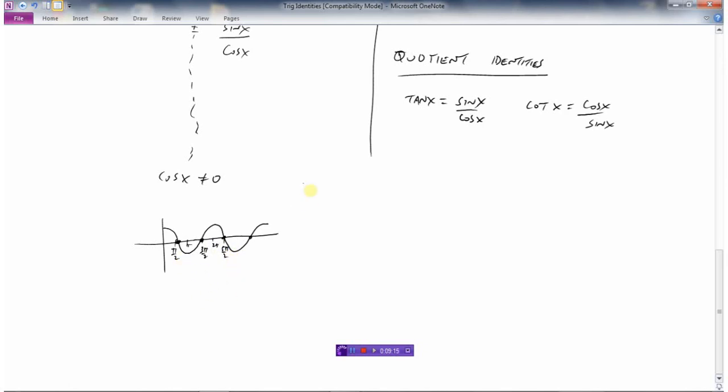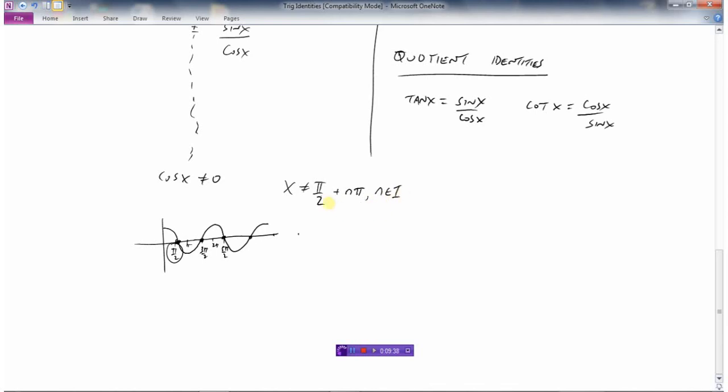So our non-permissible values are x could not be pi over 2, and if we continue to add pi, we would keep hitting these additional x-intercepts. So x cannot be pi over 2 plus any multiple of pi, so plus n pi, where n is an integer.